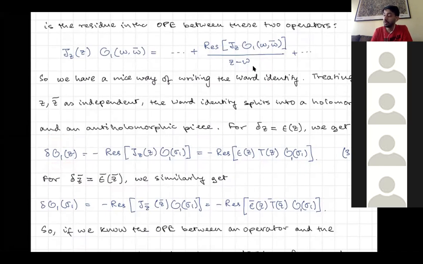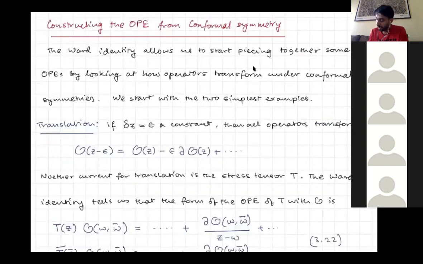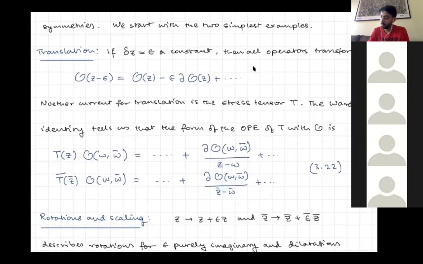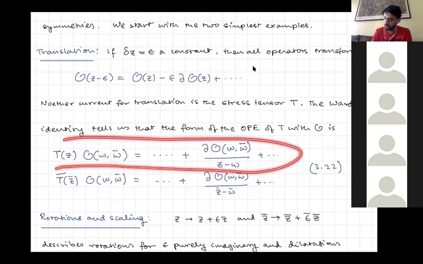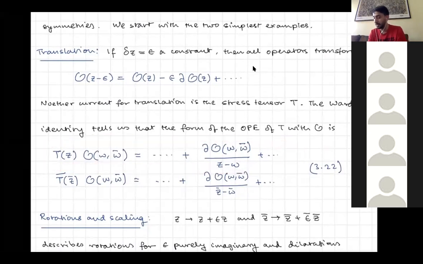So now you know that T of z with O of omega is going to be given by del O over (z minus omega). So that's the piece that you're going to get. Okay.